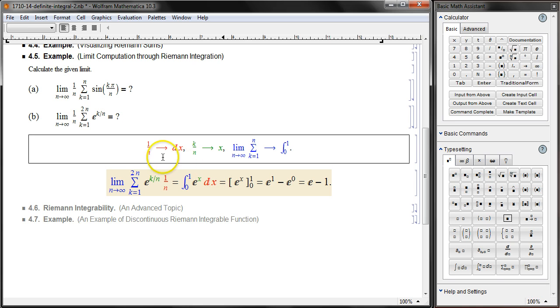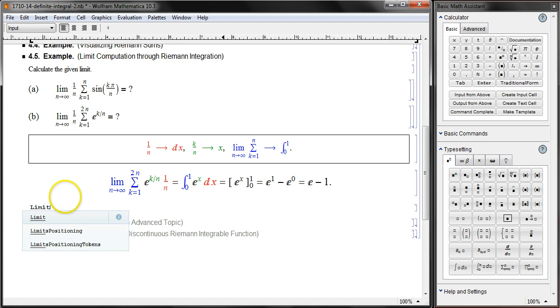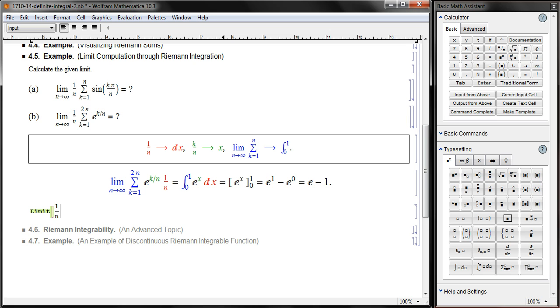Is that right? Well, let's figure it out. 1 over n times ... over n, k running from 1 to 2n, and then n is going to infinity.